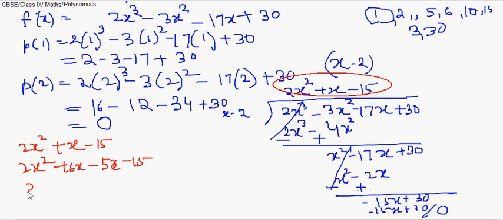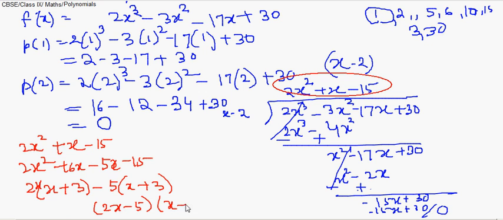So we get 2x common, which gives us x plus 3, minus, I take a 5 common, that will also give me x plus 3. They give us 2 more factors, 2x minus 5 and x plus 3. So the 3 factors are these, along with x minus 2. Hope you followed that. Thank you.